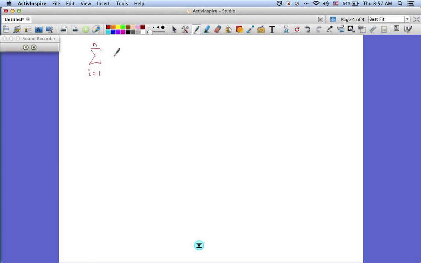If I have two things I'm adding together, we'll call them a sub i and b sub i, that is, let's put that in parentheses, the same thing as adding them up individually: the summation of a sub i plus the summation of b sub i. And likewise, if I have a constant out in front, we'll call it c, times a sub i, that's the same thing as adding the stuff first and then multiplying by c.